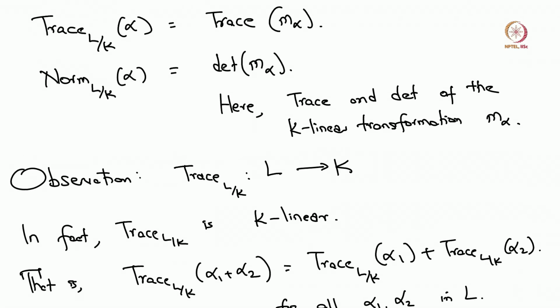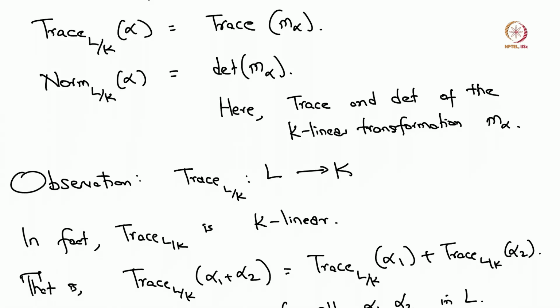Okay, so this was some sort of abstract description of the trace and norm as trace and determinant of a K-linear transformation. In our case, the field extension L over K is finite separable, so there's an alternate description.